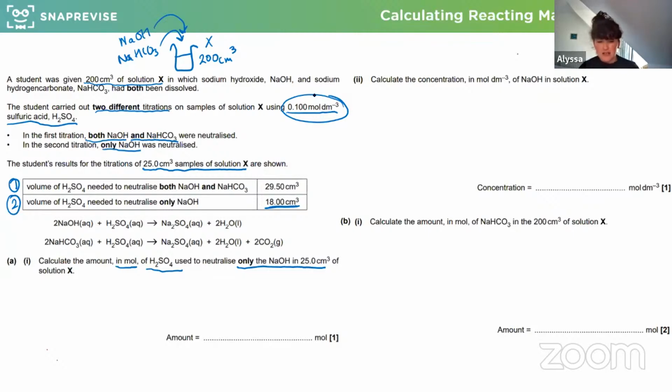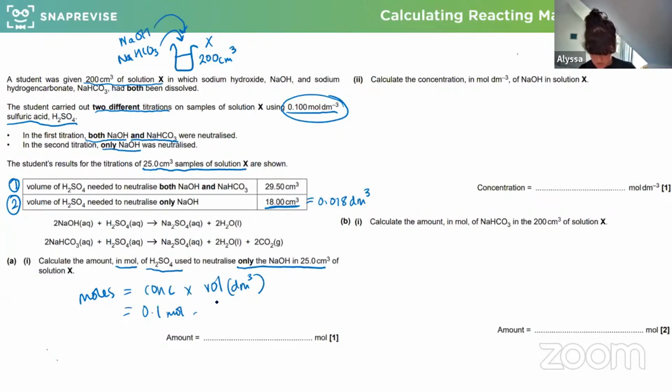This is a quote unquote simple calculation in that we're calculating moles. Moles are equal to concentration times volume, as long as volume is in decimeters cubed. So I might as well convert that straight to decimeters cubed. So moles equals concentration times volume. My concentration is 0.1 moles per decimeter cubed.